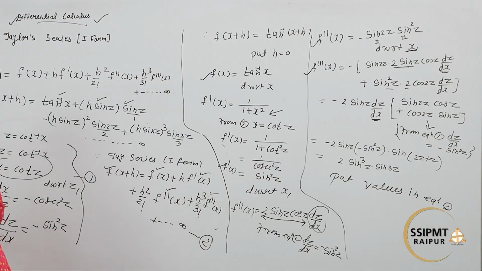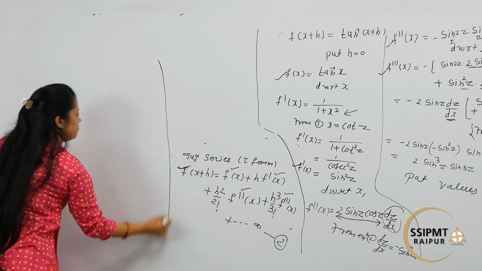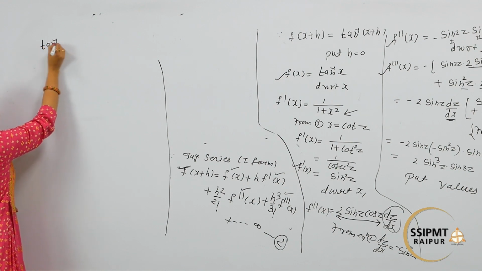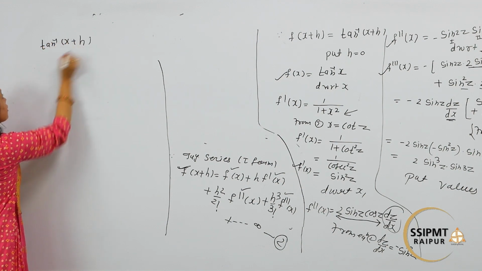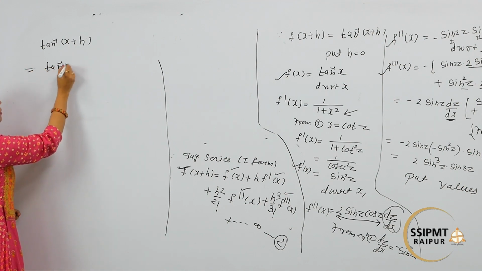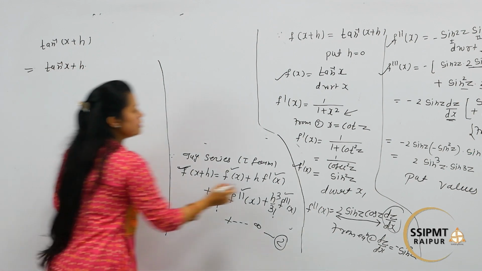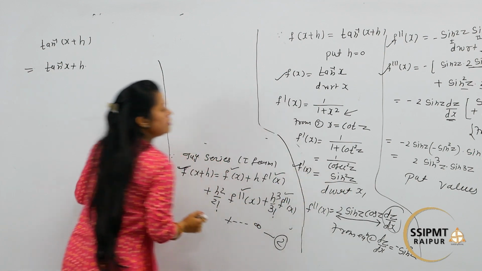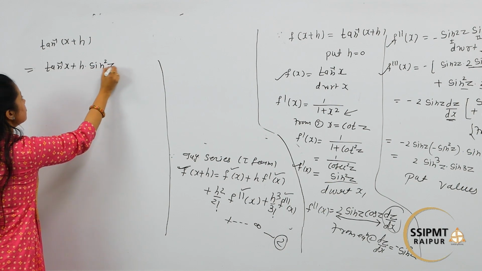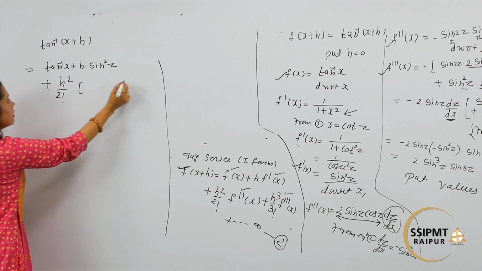So let's see, f of (x plus h) was tan inverse of (x plus h), which is equal to f(x), which was tan inverse x, plus h into f dash x. f dash x is, as we can see, sin square z, plus h square by factorial 2 f double dash x.